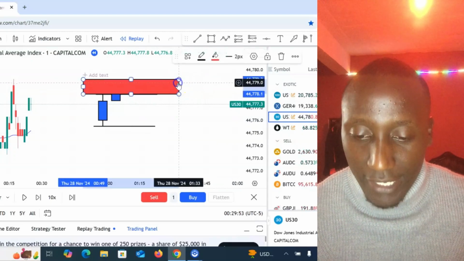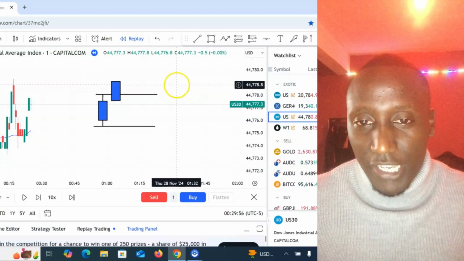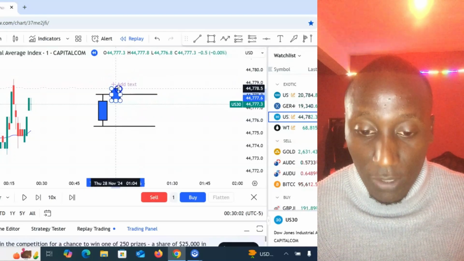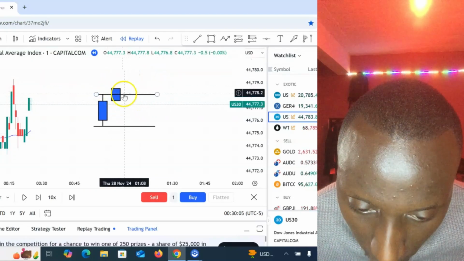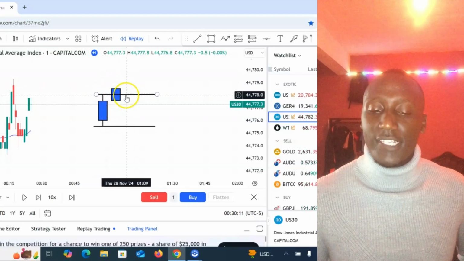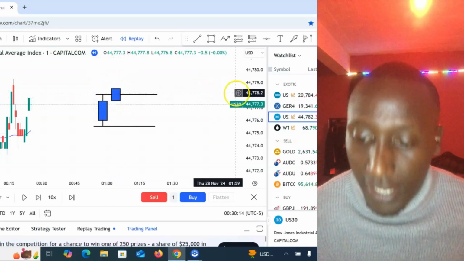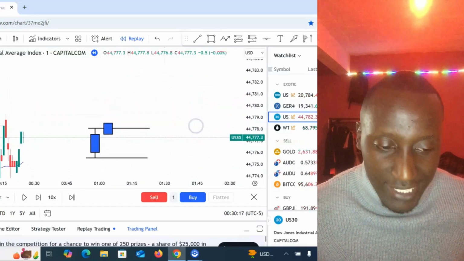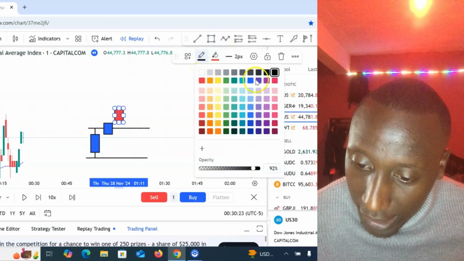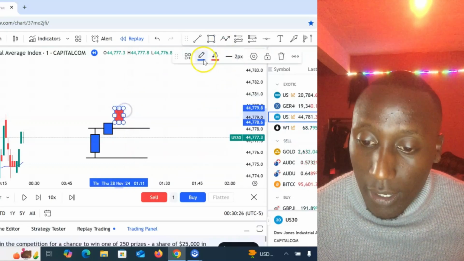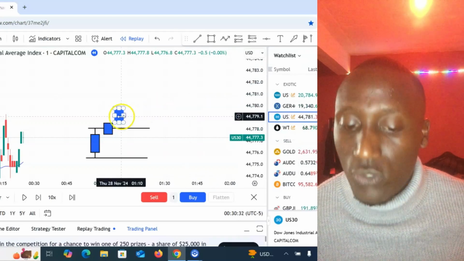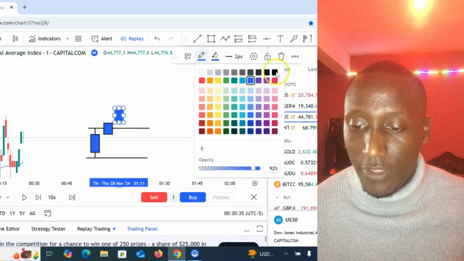So this is like someone coming into your personal space and punching you. If you are weak, you can't do anything. So this means that this candle has overpowered the sellers that were here. And now this is a sign of strength. So you will notice that price will continue in the direction of the breakout. A breakout is a sign of strength, so price continues in the direction of the breakout.